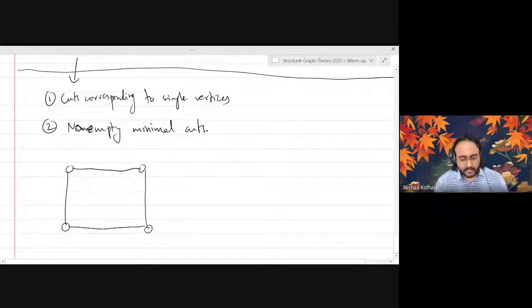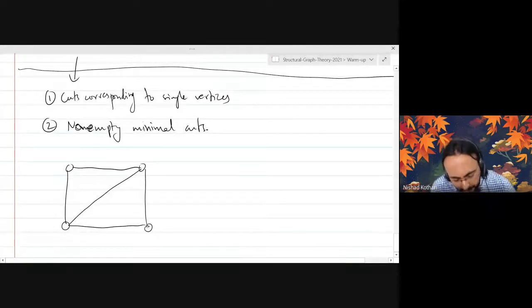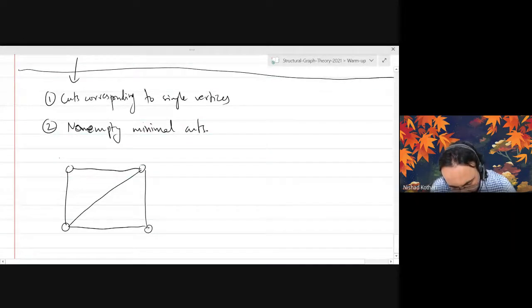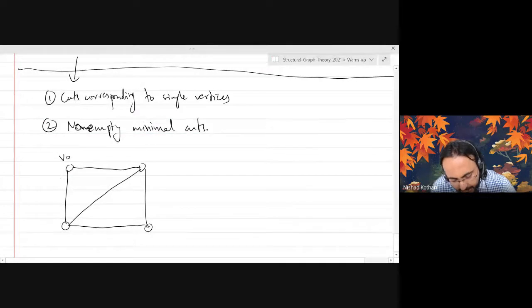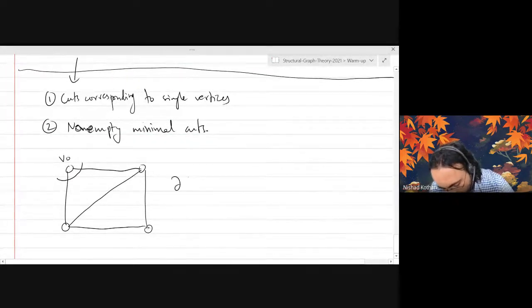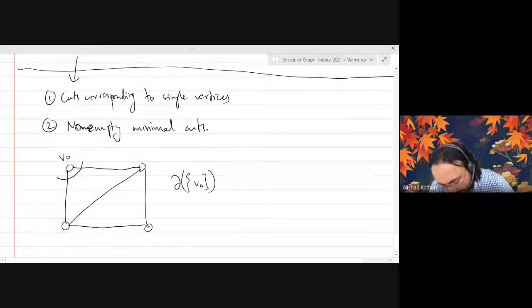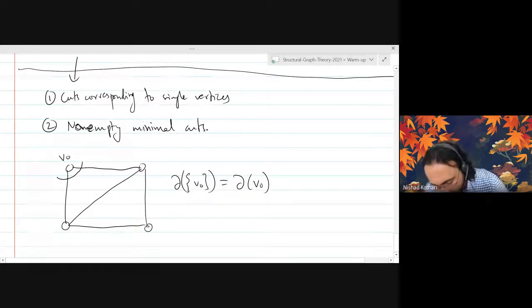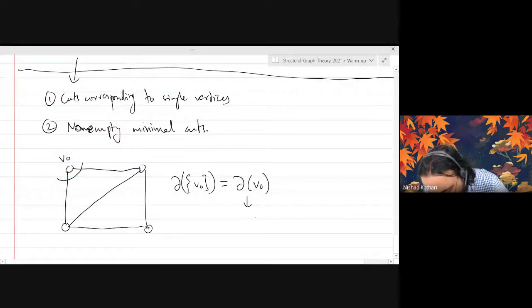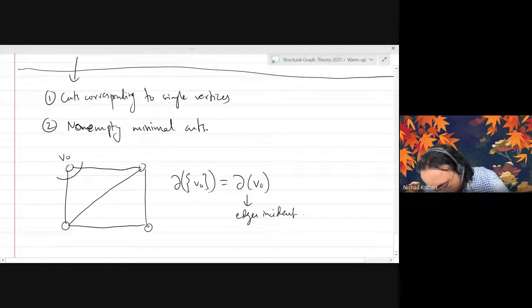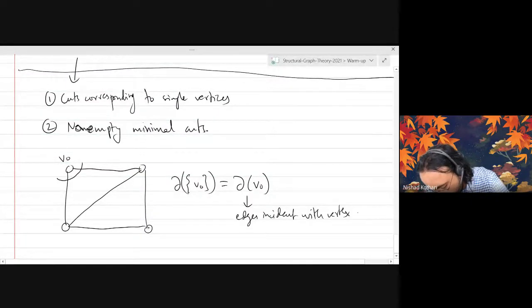Let's consider this graph. If you look at any vertex, let's say V0, it has some edges incident to that vertex, right? So notice that partial of V0 as a set is exactly what we defined in our previous lectures as the edges incident at the vertex V0.